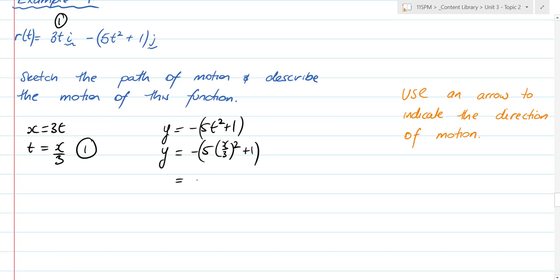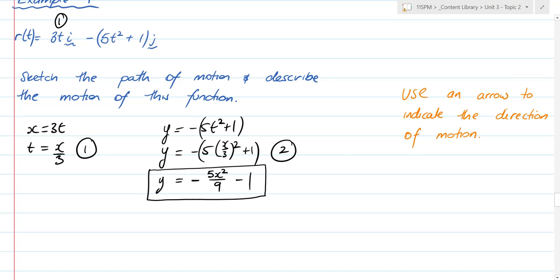And I can simplify this to give me negative 5x squared over 9 plus 1. And that's the quadratic form of our motion. So this is equation number 2 with the substitution. We now have our Cartesian form, which we can sketch.